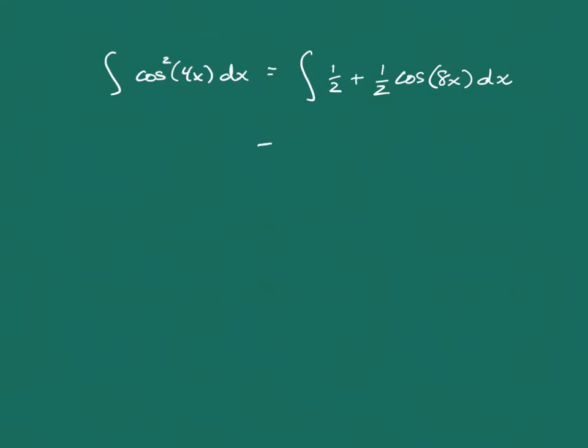And so with this one, we have our 1/2 x plus 1/16 sine of 8x plus our arbitrary constant.